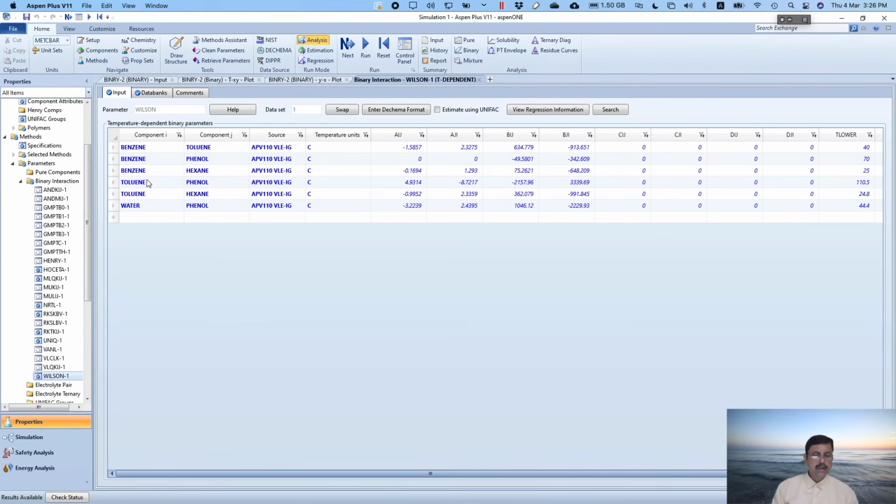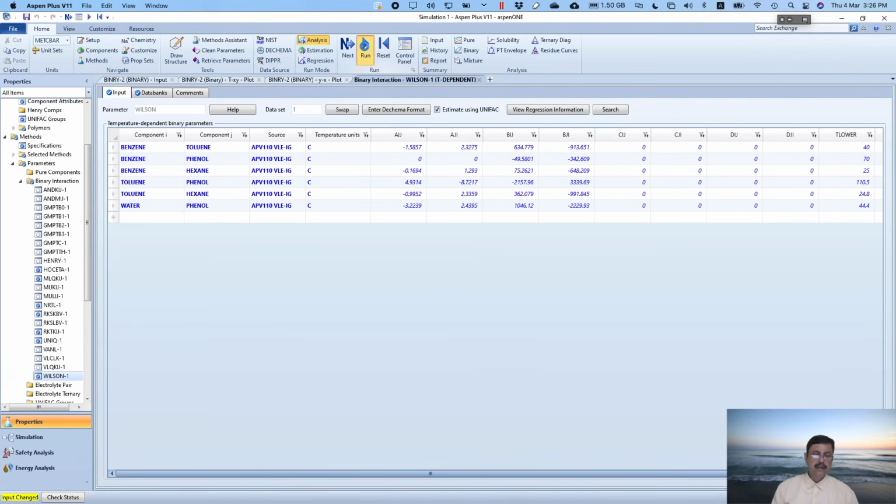Do we have water toluene combination? No, we don't. Water benzene combination? We don't have. So we have water phenol combination only. So other temperature dependent binary parameters in Wilson method we do not have at all. But we have the option to estimate the missing parameter by ticking this one, estimate missing binary parameters using UNIFAC or other methods. So just tick it and then run.